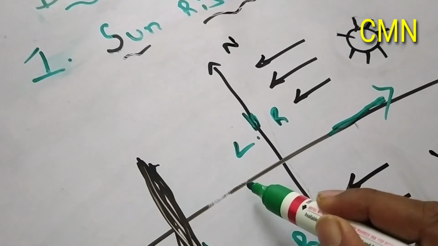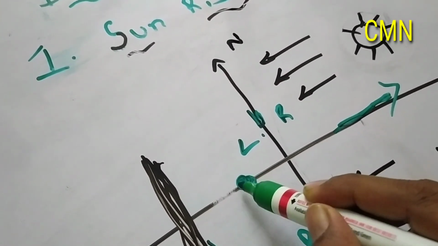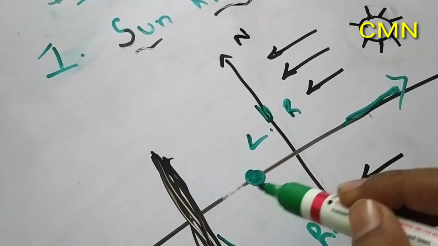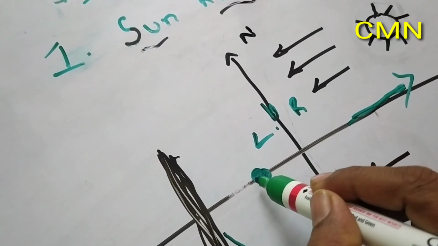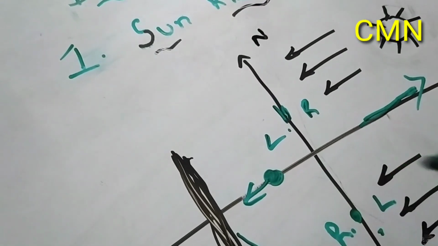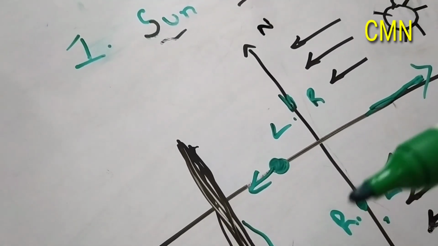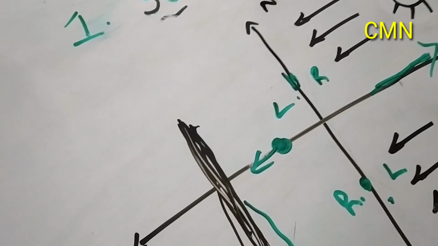Suppose you are facing west direction; the shadow will be on your front side.